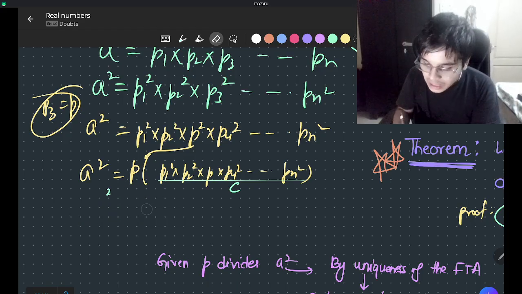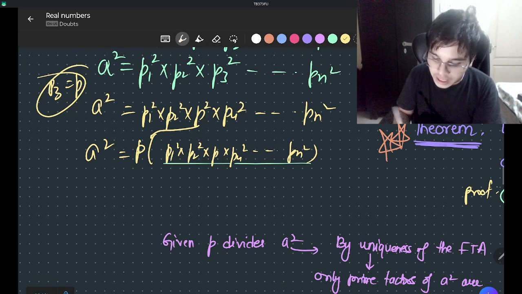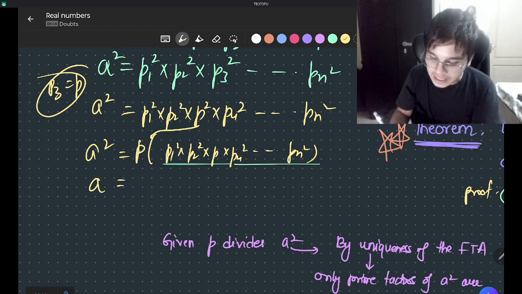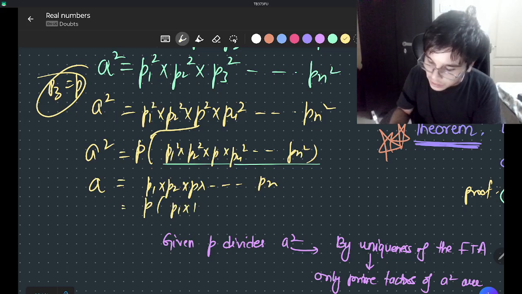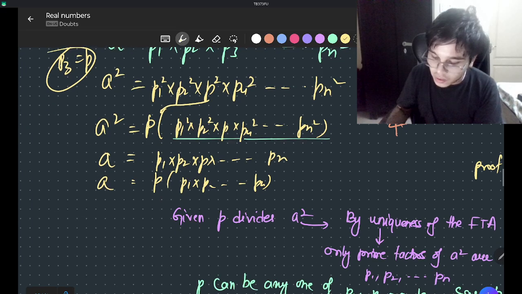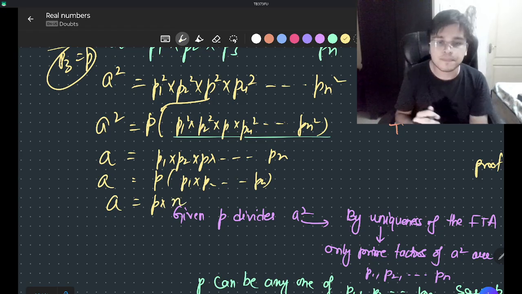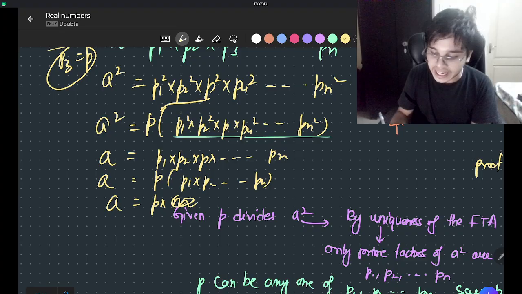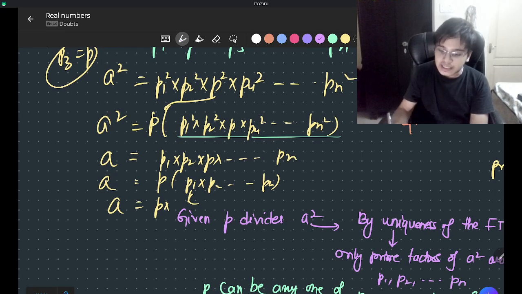Now, let's think about a. A can also be represented as p1 into p2 into p into so on till pn. Now again take p common: p into p1 into p2 so on till pn. Now a can be represented as p into some number n, or say m, or say k, anything. So you can see from this that if p divides a square and it's a prime number, then p also divides a.